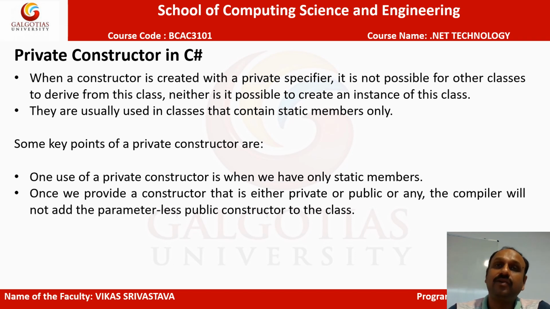So the accessibility of this particular class must be through static members and methods only, because they can be called with the name of the class itself. That's why we have to implement the static methods with the static members only, and all the static methods will access the static members only.